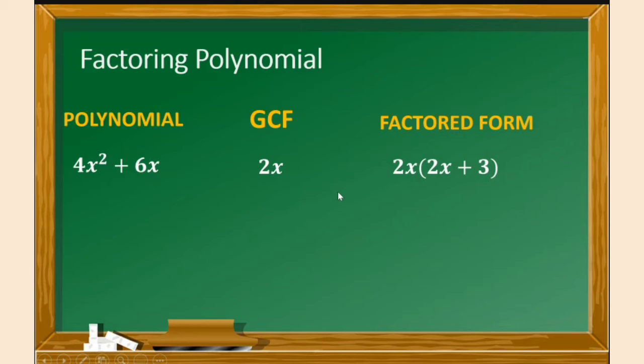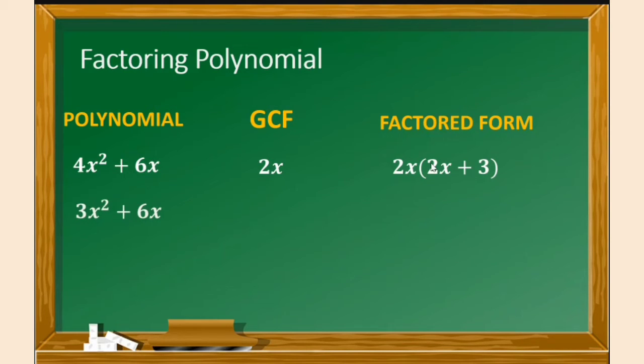So therefore, our factored form is 2x times 2x plus 3. Okay, so kapag in-expand natin or kapag t-times natin, babalik din siya dito, 4x squared plus 6x. So, yun yung trabaho ni factoring. Pinapaliit niya yung value ng degree by grouping.